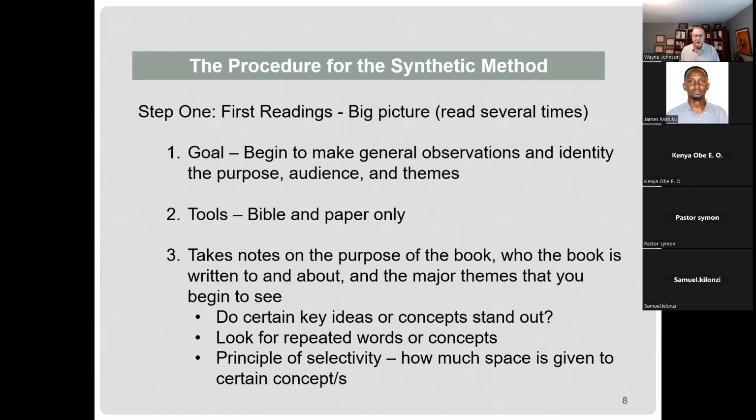Sometimes you can identify this by how much space is given to certain material. Think of the book of Genesis, for example. Creation and the fall take place in three chapters. And in the book of Genesis, Genesis means beginning, so Genesis is the book of beginnings. Then you have, for the next six chapters, the spread of sin leading up to God's judgment with the flood.